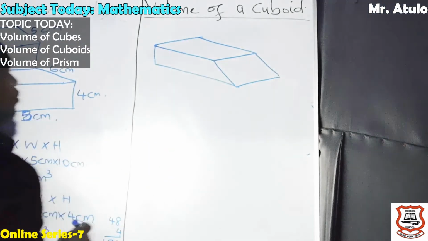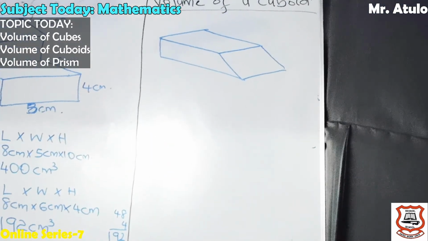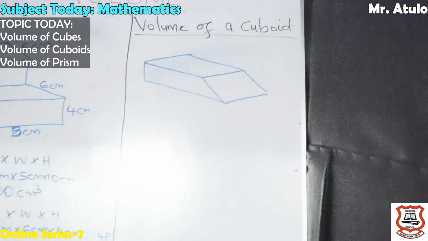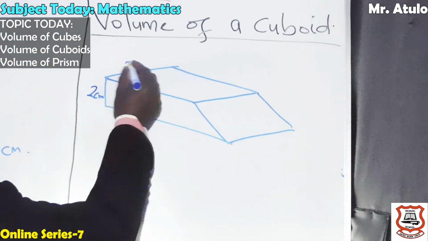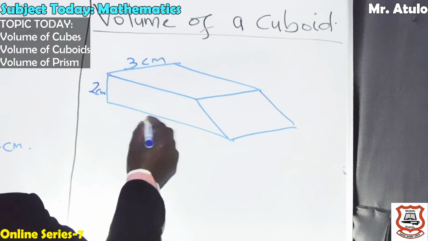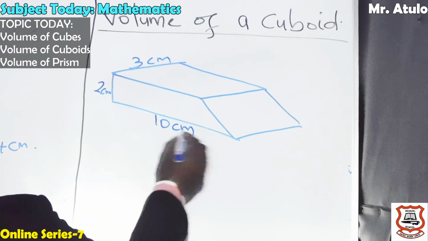Is it possible to find volume of such a shape? Yes, it's very possible. Let's imagine this is 2 centimeters, this is 3 centimeters, this is 10 centimeters.